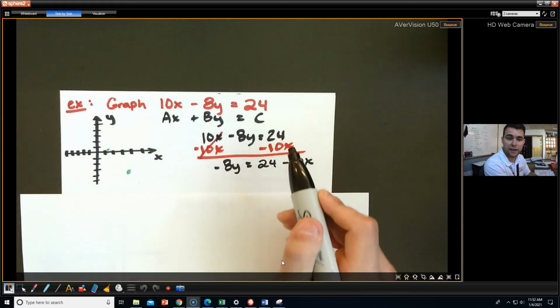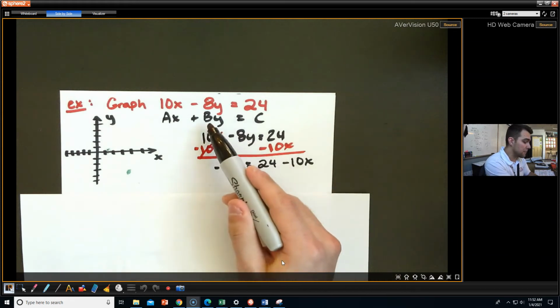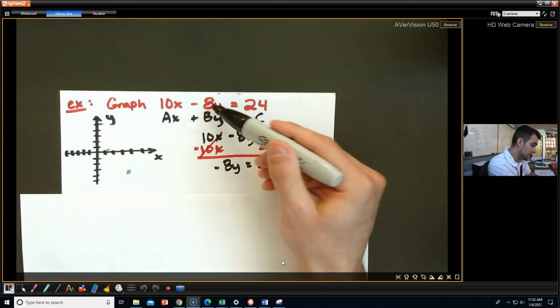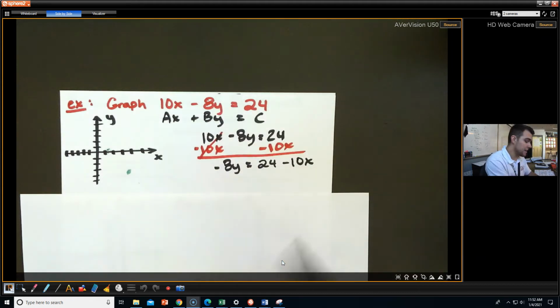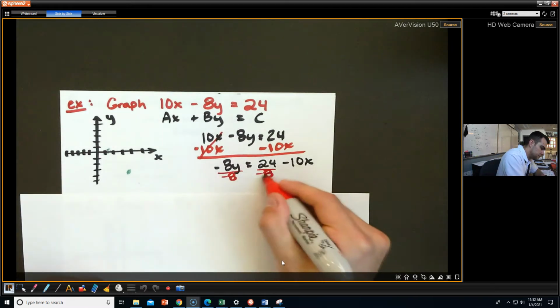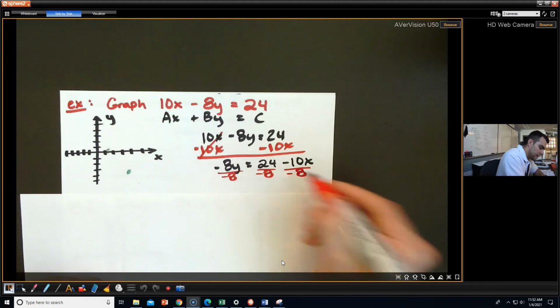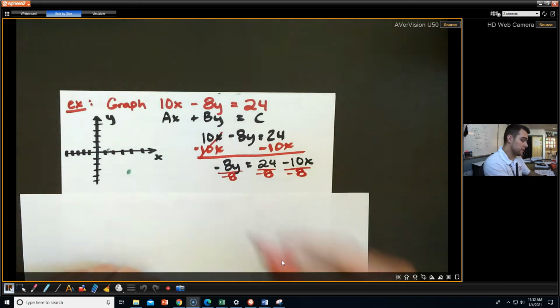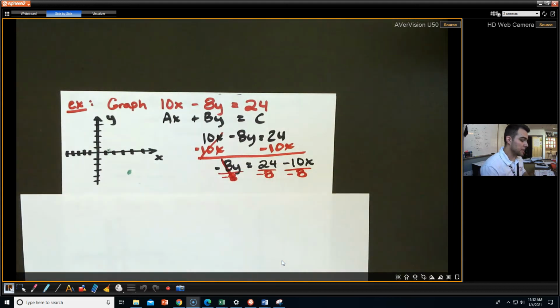Step two, divide everything by b. In this case, it's this negative 8. I'm going to divide everything by negative 8. Everything, every number. So I'm going to get rid of the negative 8s here.